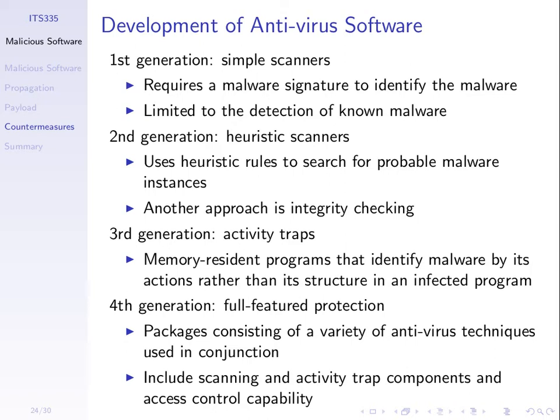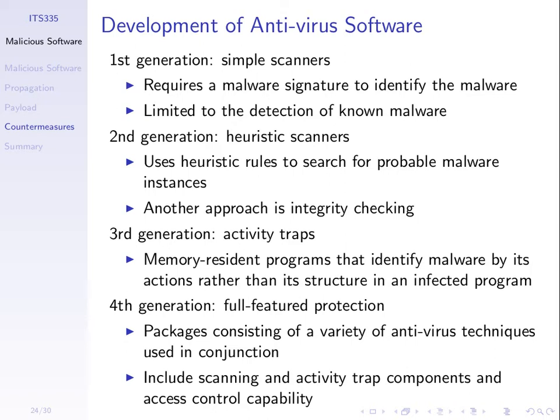The general approaches or improvements of antivirus software, so either host-based or perimeter-based, what does it do? Well, the idea is to identify malware, to detect, identify, and then remove it once you've identified it.